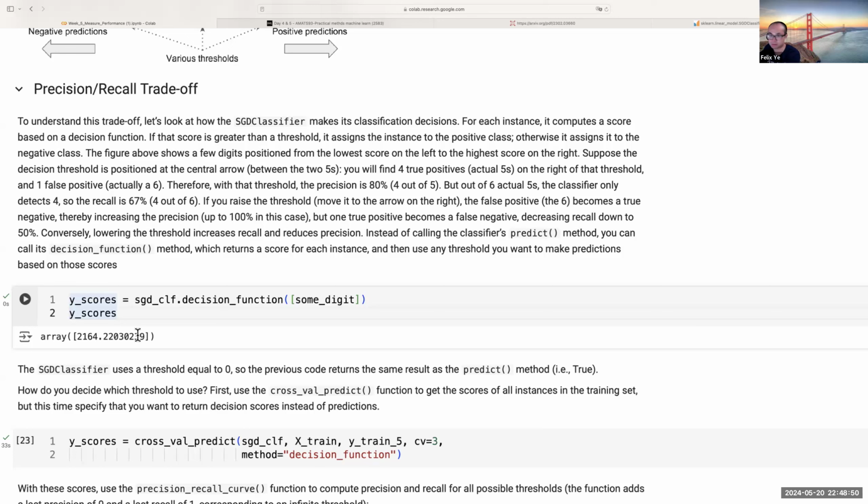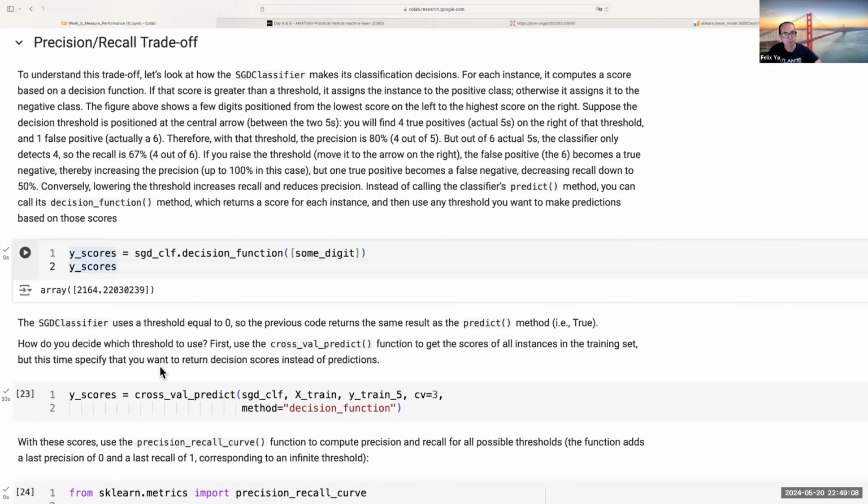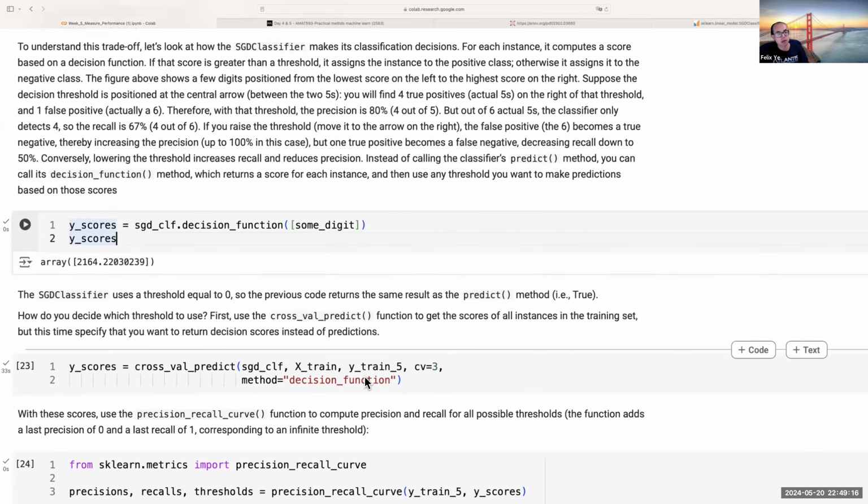That is above 0. If we don't set the threshold, by default it is set at 0. So everything bigger than 0 will be classified as 1, and everything below 0 will be classified as 0. So it will predict true because it's above 0.